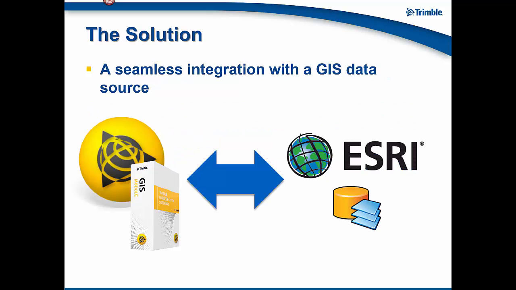The way we wanted to approach this problem is by seamlessly integrating with the GIS data source. Within the GIS module, you can directly connect to Enterprise Geodatabase, File Geodatabase, and a shapefile data provider, extract schema, and update geometry and attributes directly without importing and exporting.